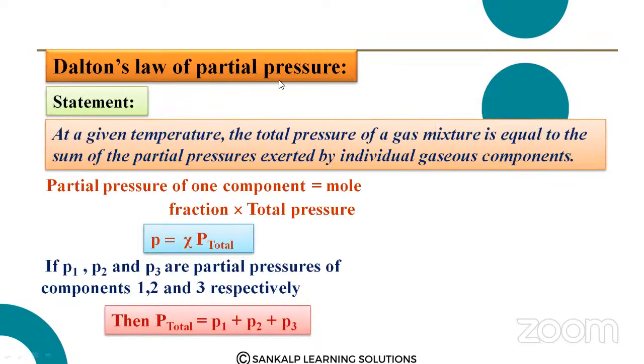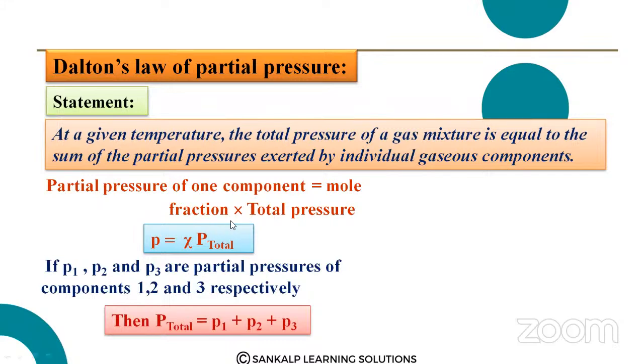Next is Dalton's law of partial pressures. This was given by Dalton in the year 1801. What was his statement? At a given temperature, the total pressure of a gas mixture is equal to the sum of the partial pressures exerted by each individual gaseous component.